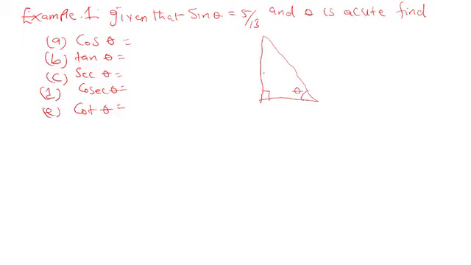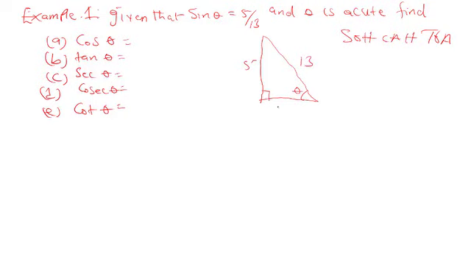So the value of theta is less than 90. Remember our SOHCAHTOA. So opposite is 5, because they said sine theta is 5 over 13 and hypotenuse was 13.